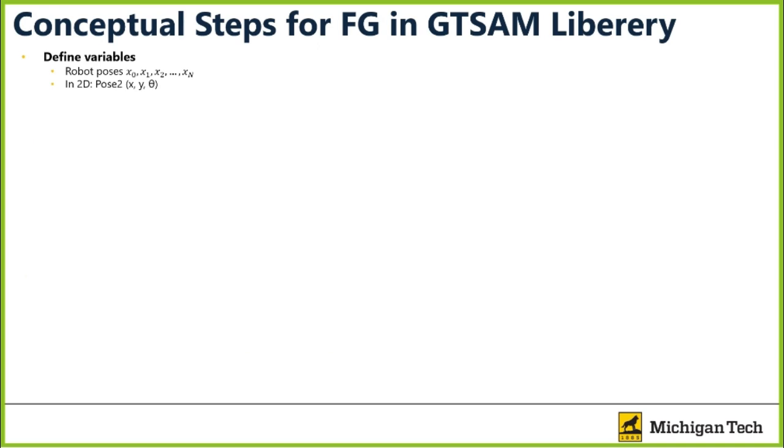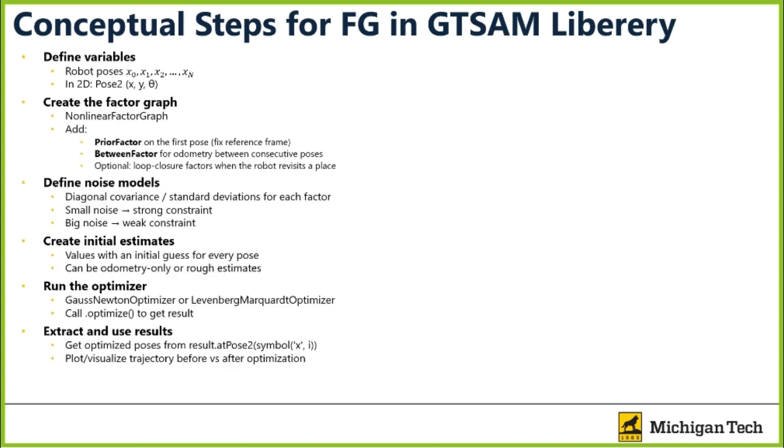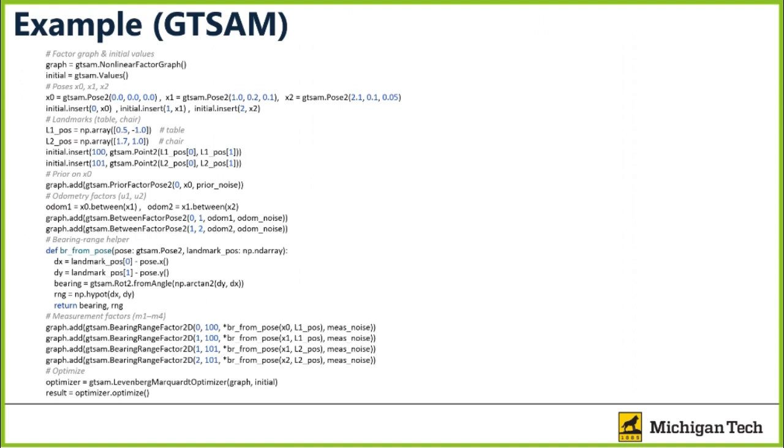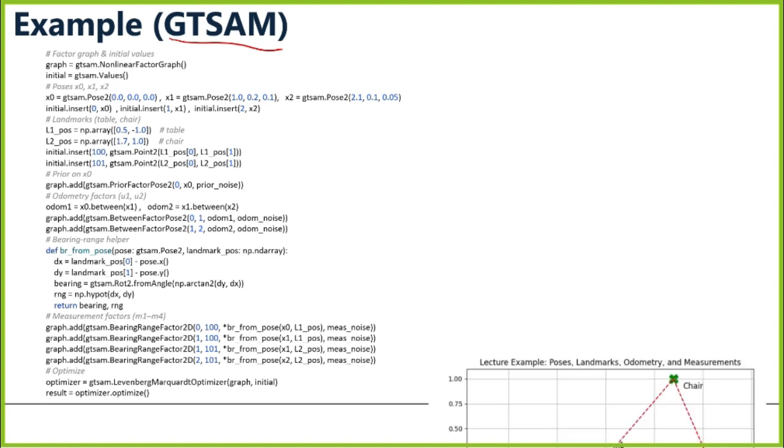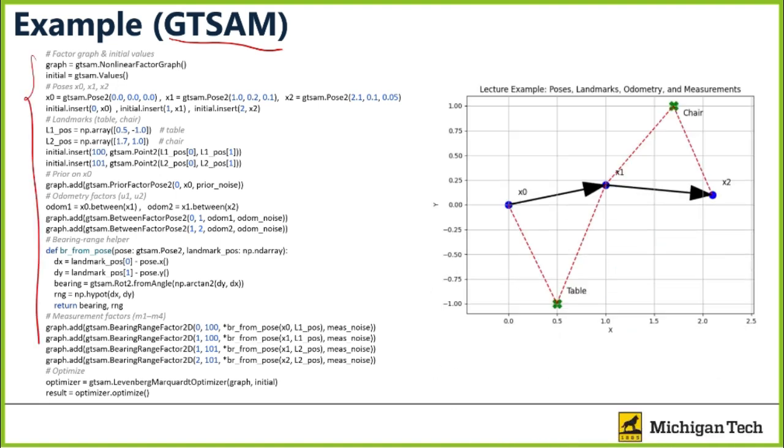Okay, I'm going to explain that next class. I just want to show you a little. In Python, you can use GTSAM. In MATLAB you also have that, but you go figure it out and let me know. GTSAM does all that and is an open source library that you can use. This is the example. We're going to talk about that next class.